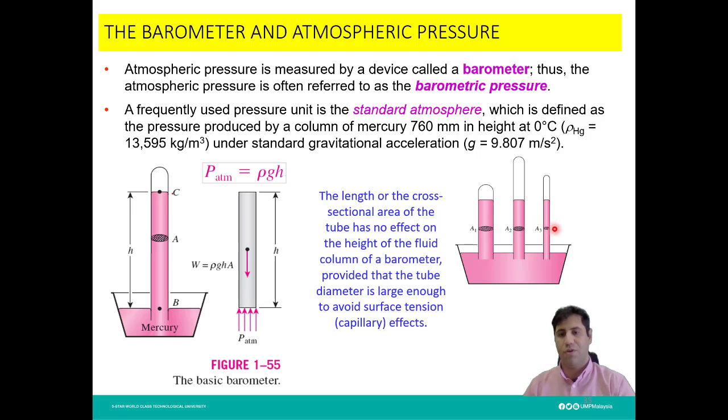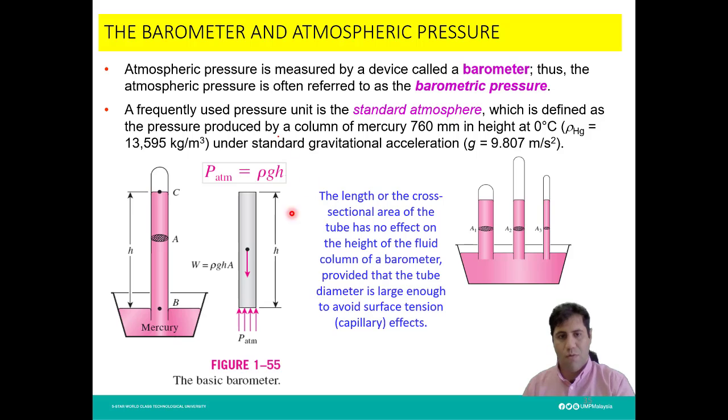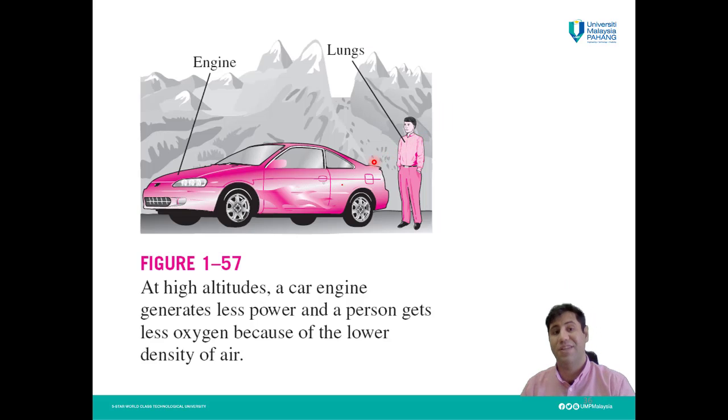You can see here for different tubes, this height is the same. Why is it important? We measure this at sea level, this 760 millimeter, but at higher elevations it will be lower. So the pressure of the air is lower.